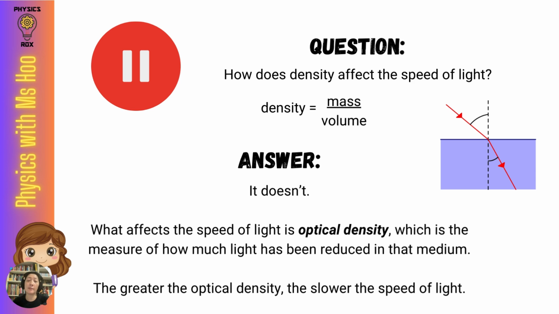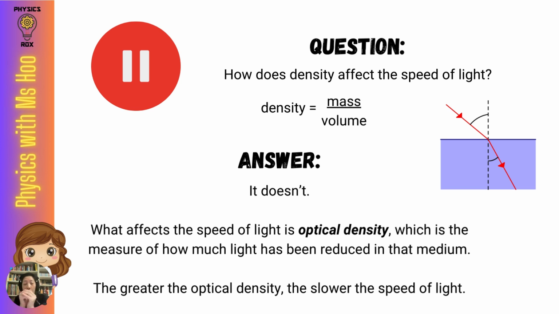So what affects the speed of light is actually something called optical density, which is the measure of how much light has been reduced in that medium. You can think of it as, because density is how much material there is within that small volume of an object, optical density could then refer to the amount of the atoms or the particles in that transparent or translucent medium within that small area.